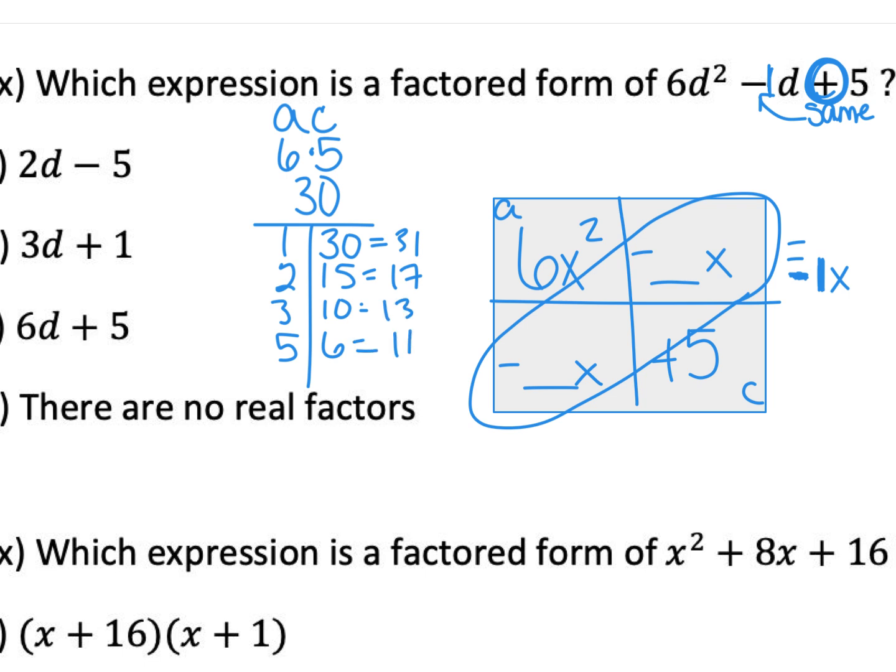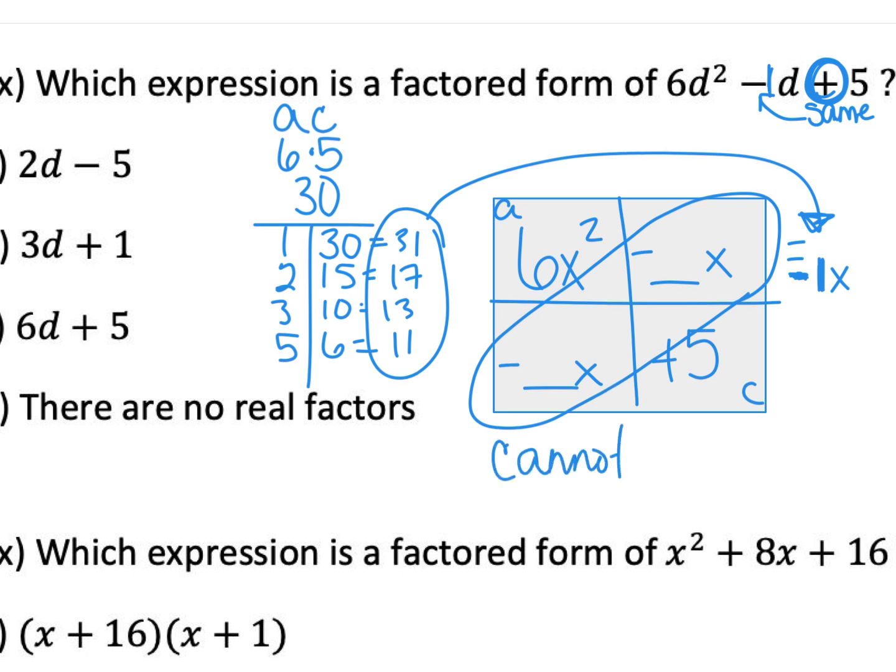None of those equal negative 1. So what does that mean? That means that this cannot be factored. If we do all these steps and none of them match our B, this cannot be factored.